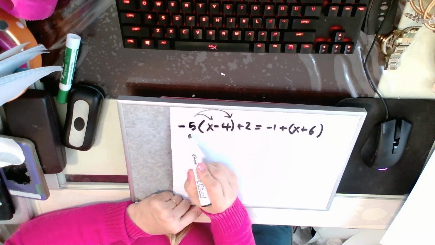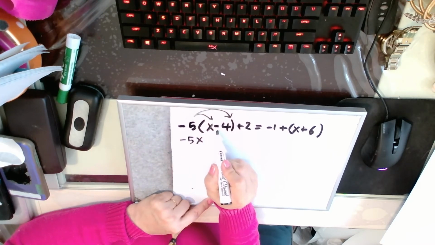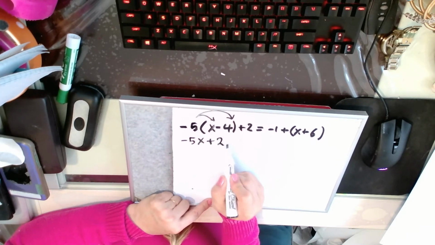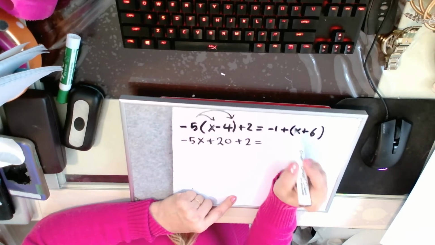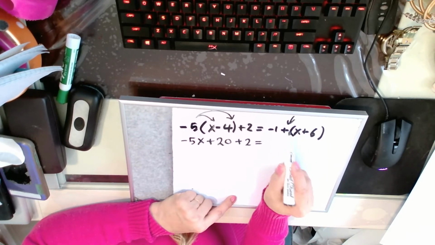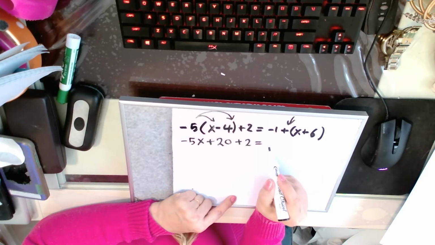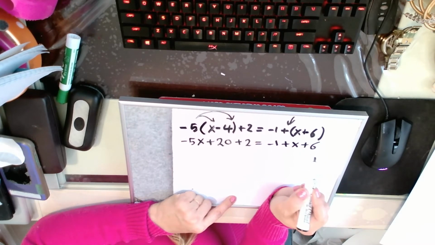So minus 5x, the first one, multiply: minus times minus equals plus, 5 times 4, 20, plus 2 equals. Here there is addition, it's not multiplication, so you cannot distribute, just open the parentheses. So it's gonna be minus 1 plus x plus 6.